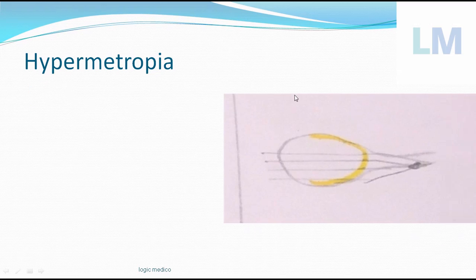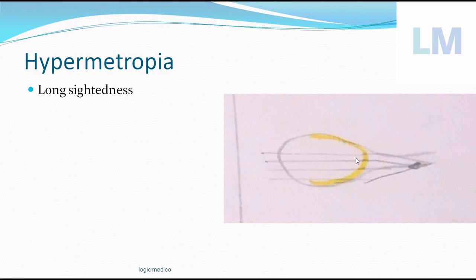Coming to hypermetropia. Why does hypermetropia happen? What is the basic pathology in the eyeball? Here you can see the eyeball size is slightly smaller than normal. So what happens? The rays of light are going to converge behind the eyeball. It's not converging on the retina, it is behind the eyeball. So it is called long-sightedness.